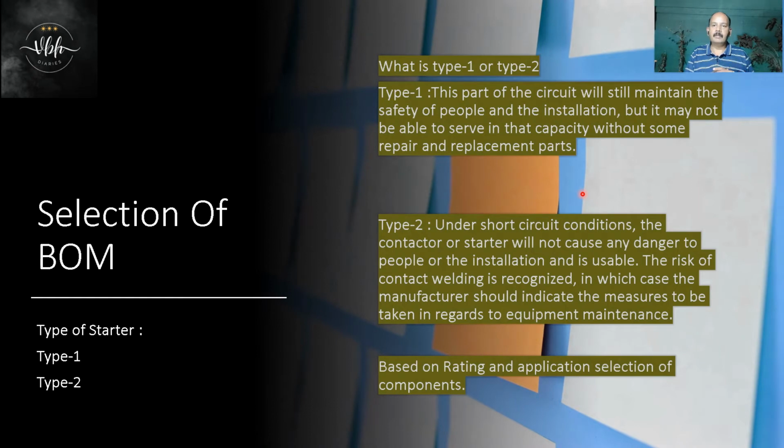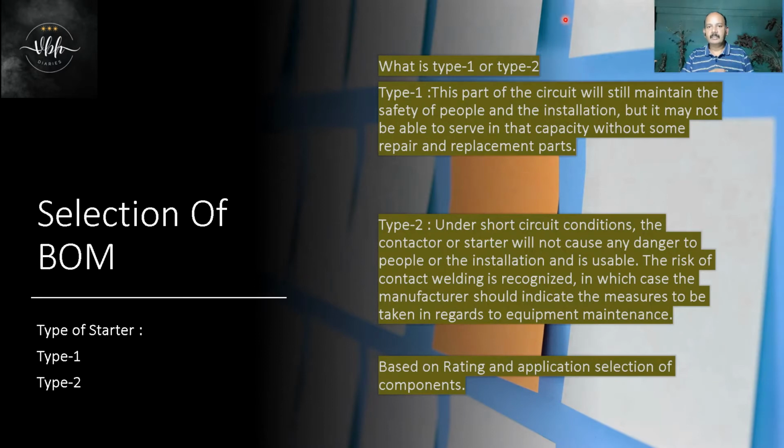So that's why type 2 coordination can take multiple shots, and normally industry people select type 2 coordination. So we have to select the BOM according to type 2 coordination as recommended by OEMs. This we need to consider always while selecting the BOM.